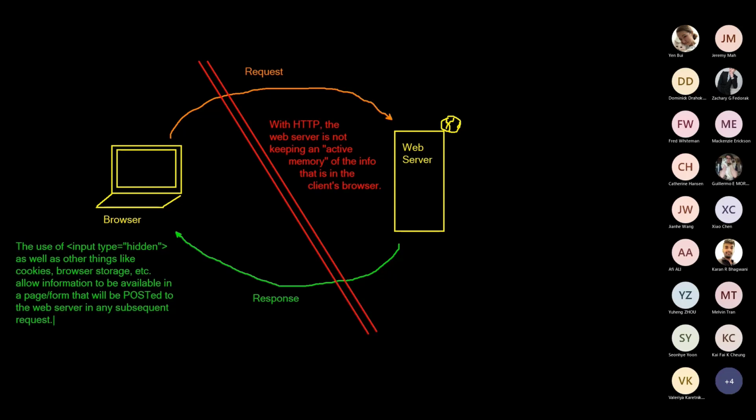Besides full page requests, you have this notion of AJAX and these WebSockets providing an access to the web server. It still goes through the request response cycle, but it's not a full page request. It winds up becoming like a background request that happens on the page from the browser's perspective. So this is why we need to use things like the hidden input type.